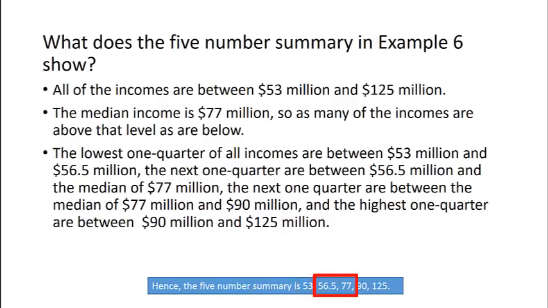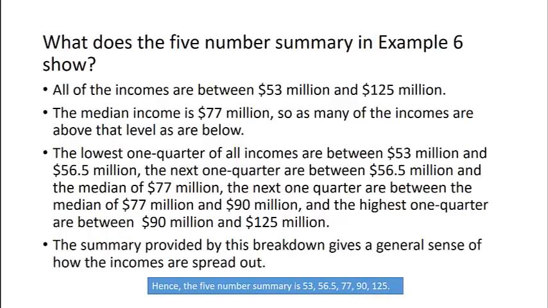The next 1/4 were between 56.5 and the median of 77 million. The next 1/4 are between the median of 77 and 90 million, and the highest 1/4 are between 90 and 125 million. So the summary provided by this breakdown gives us a general sense of how these incomes are spread out. And we can take this one step further with a visual.